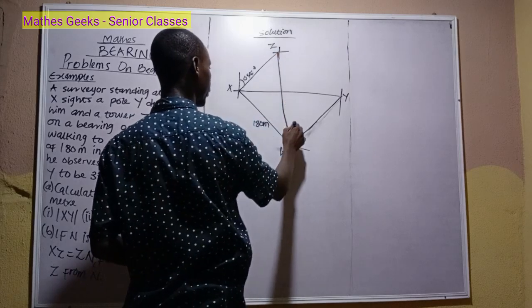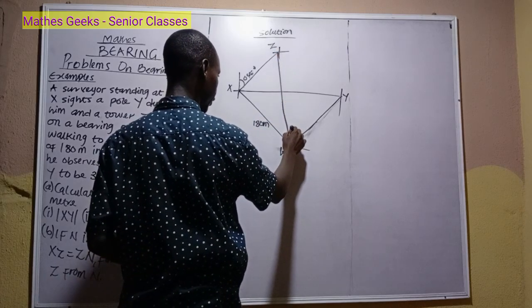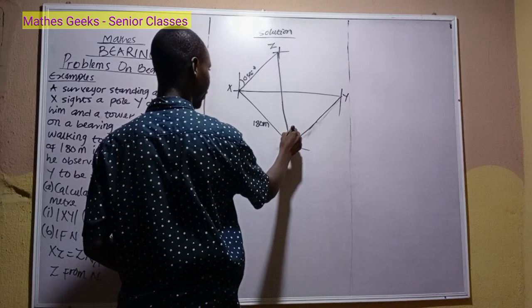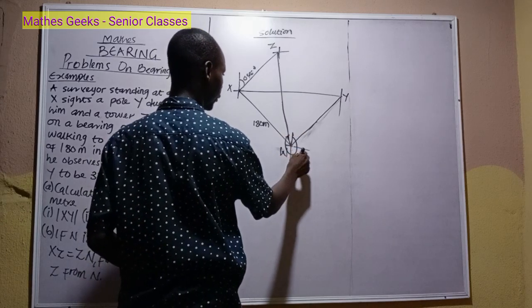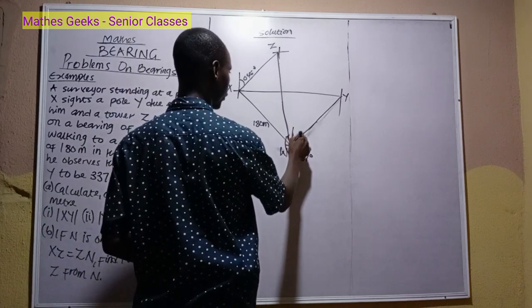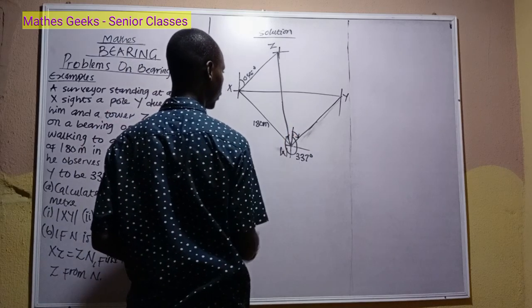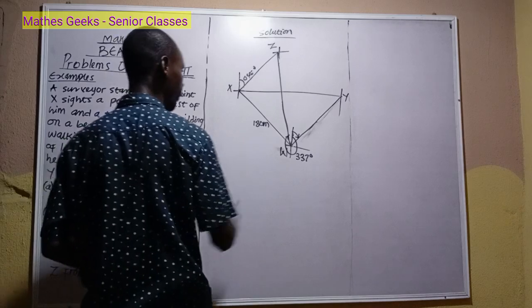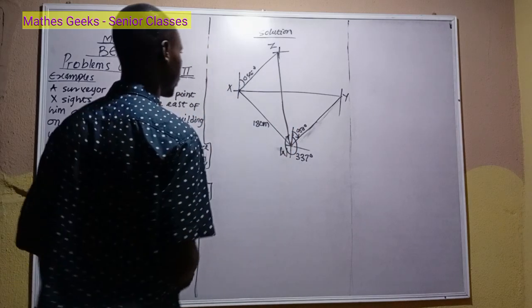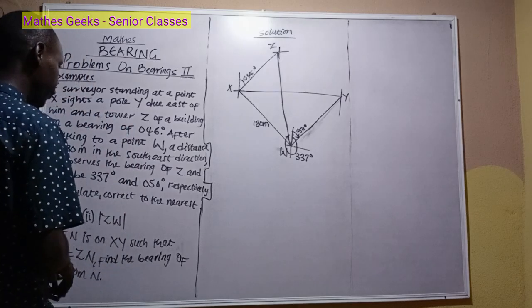From W, from the North Pole to this line is 337 degrees, and from the North Pole to this line is 50 degrees. And the distance is 180 meters.